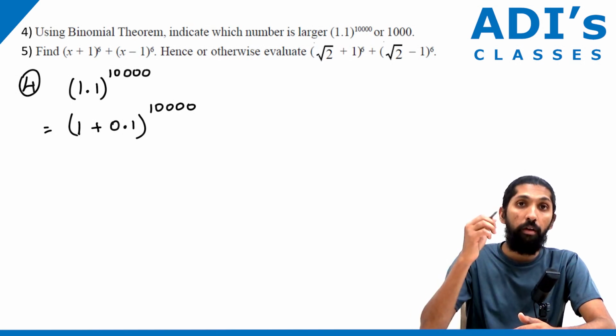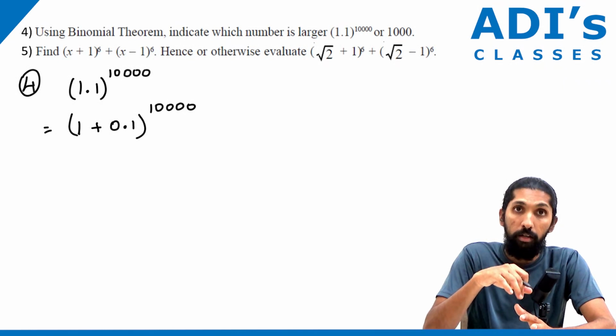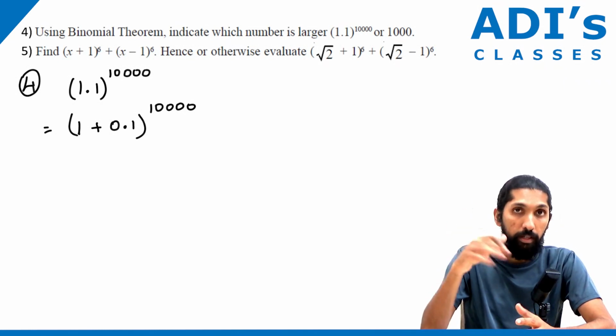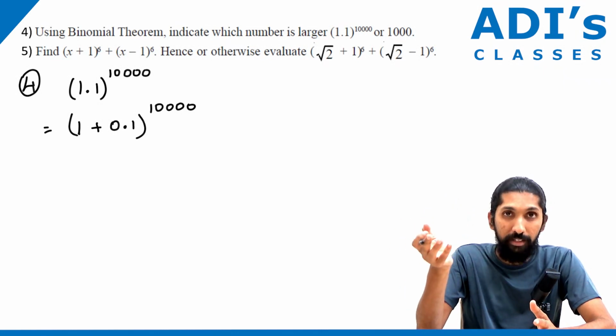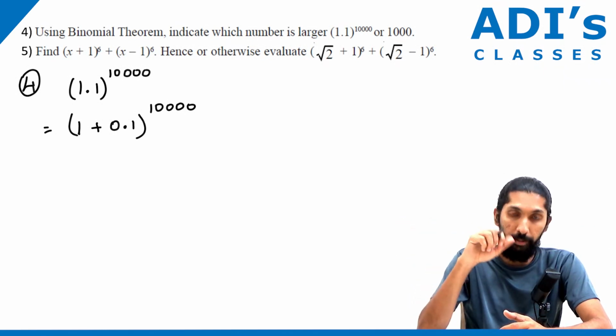After that, what is 1 plus x whole power n? If you remember, nc naught plus nc1 into x plus nc2 into x square keeps on going, correct? Here we have a power of 10,000. You can't keep on doing till 10,000. We'll do for the first few terms, okay?